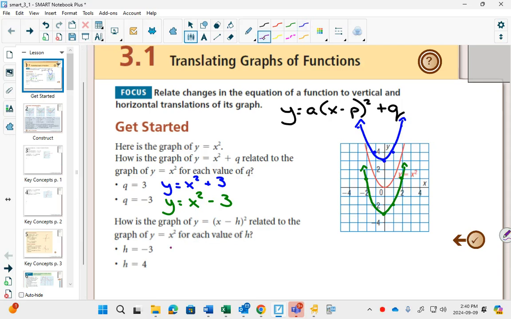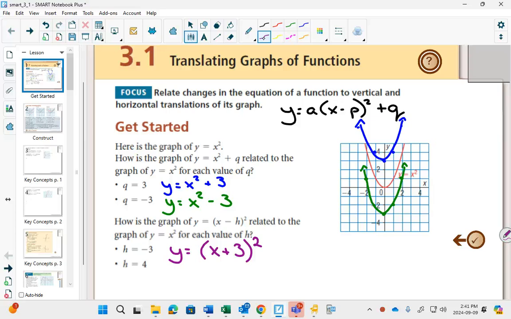Purple. Y equals, now it's inside. So if it's a negative 3 and it's minus minus, negative would be plus. And here the 3 is inside what's getting squared, so we'll call this inside. Anything inside affects something horizontally. Horizontally is with the x.